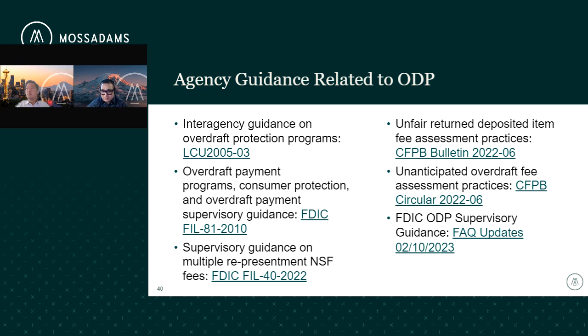So there's supervisory guidance from the FDIC on represented items, which we'll talk about in just a moment. Unfair return deposited items fee assessment from the CFPB, unanticipated overdraft fees from the CFPB, additional guidance from the FDIC on overdraft deposit concerns.